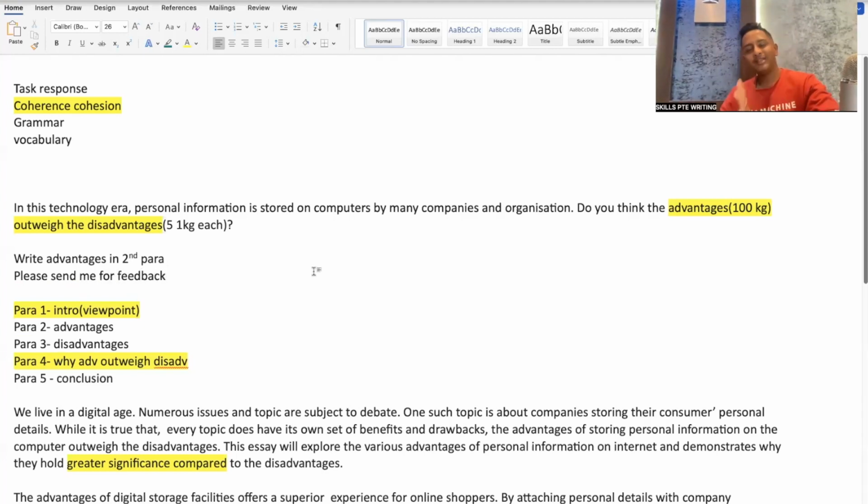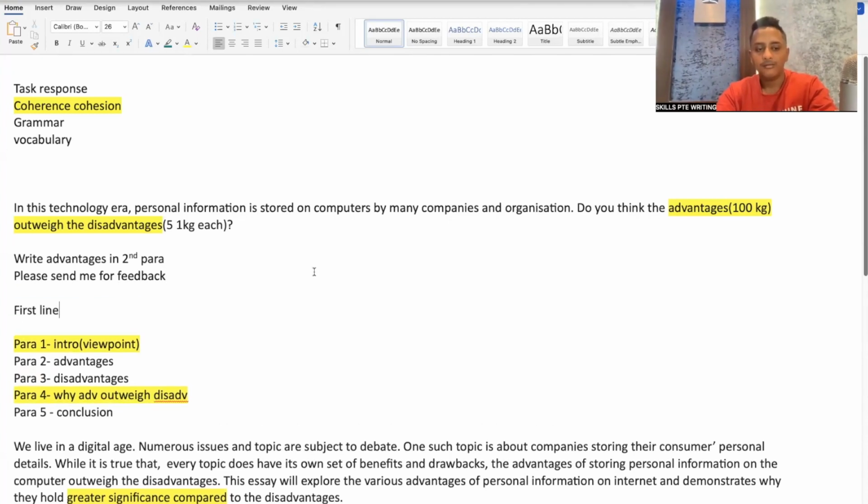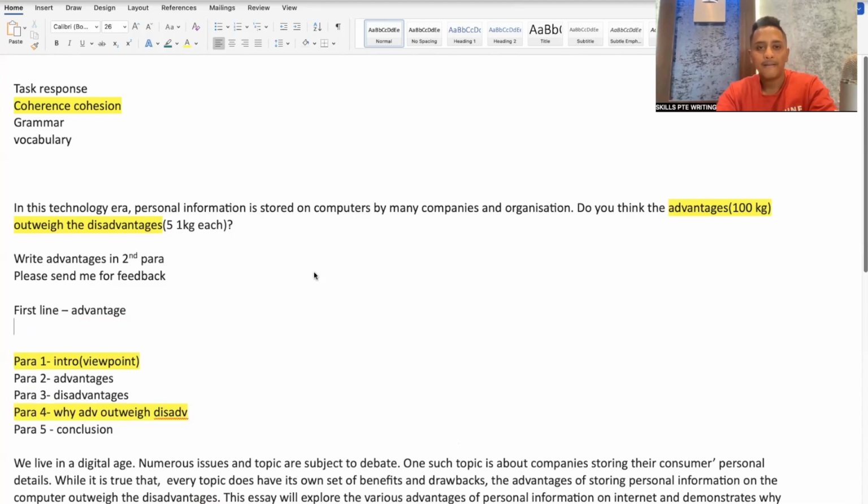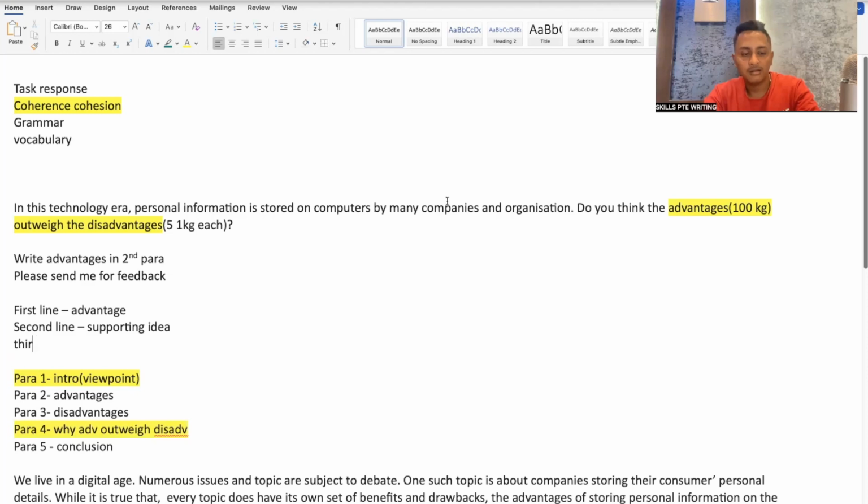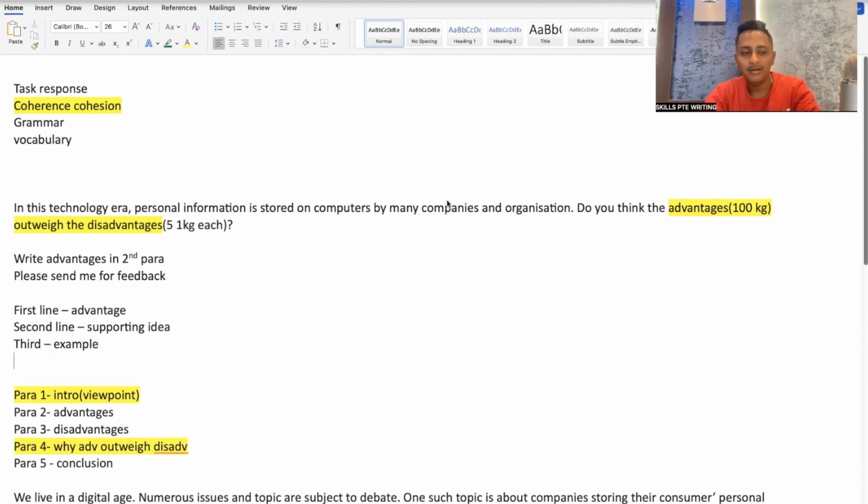One advantage is enough. I don't need five advantages, but whatever you write, I need five sentences. First sentence, the advantage. Second line, supporting idea. Third, example. Fourth, continuation of example.